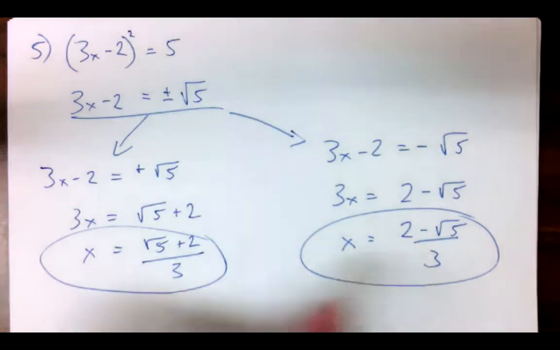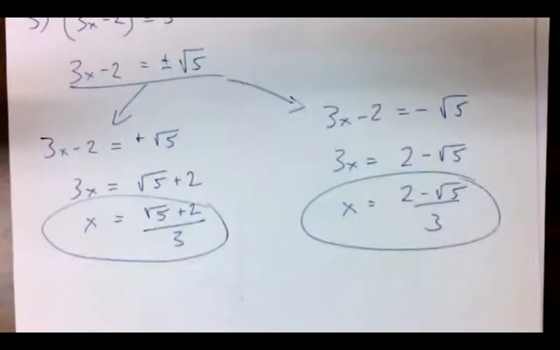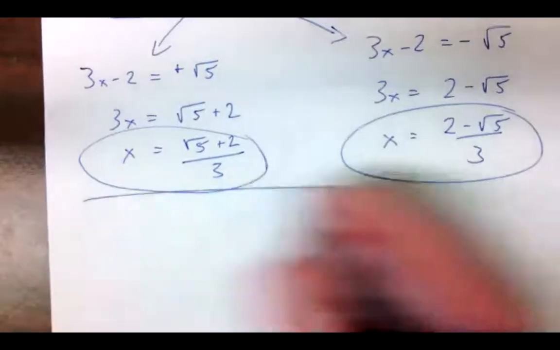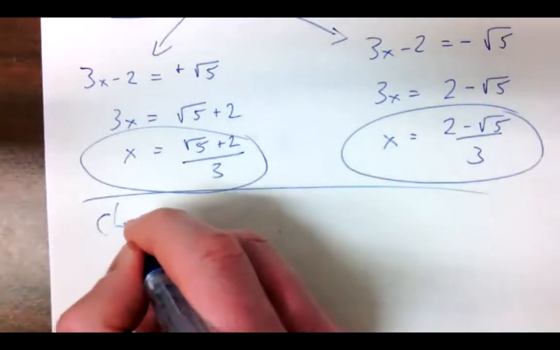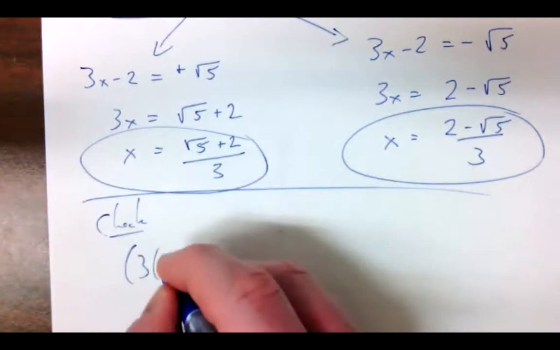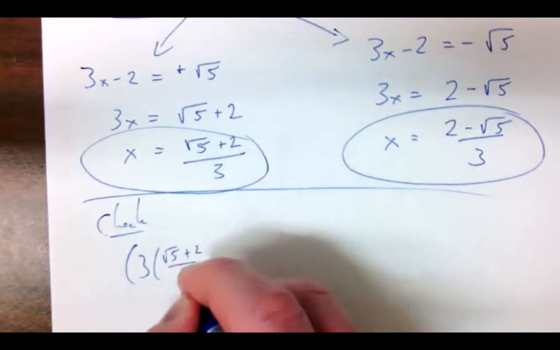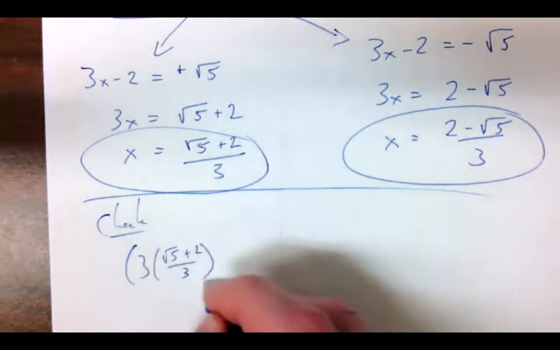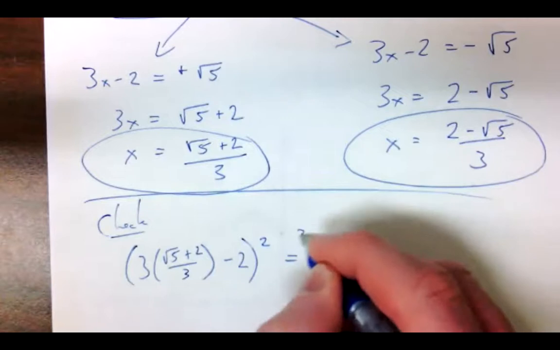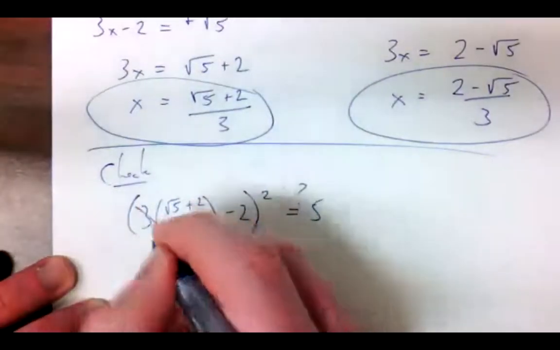And maybe we should check just so you can see what that looks like, because it still works. It's just ugly. So let's check this. 3 times root 5 plus 2 over 3, minus 2, squared equals 5. Does it? Nice thing, those 3s cancel.